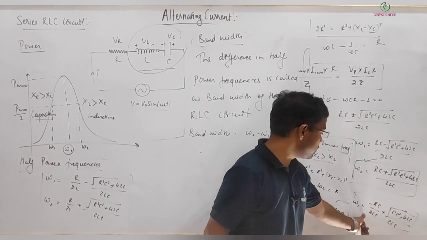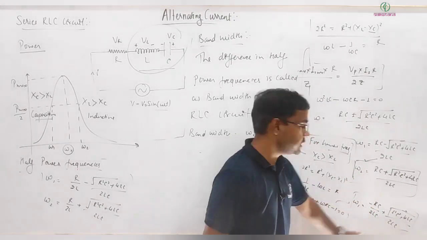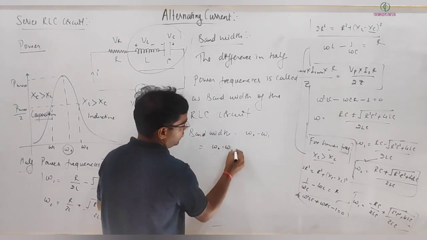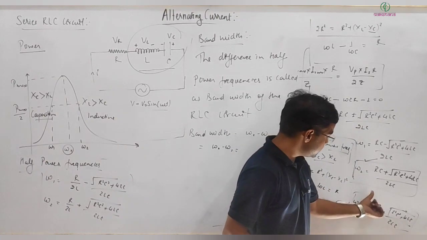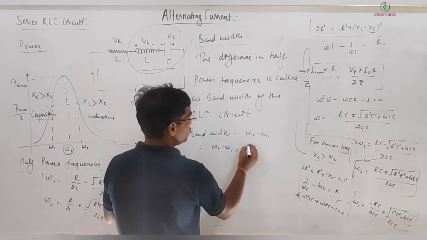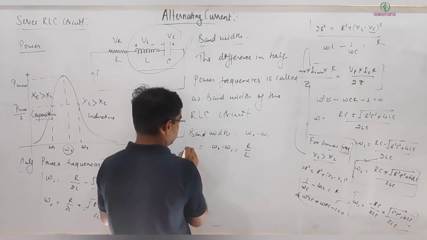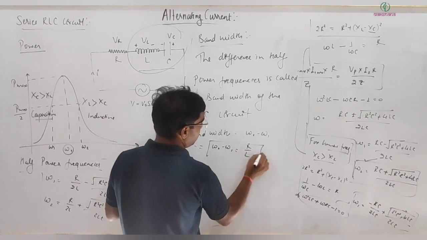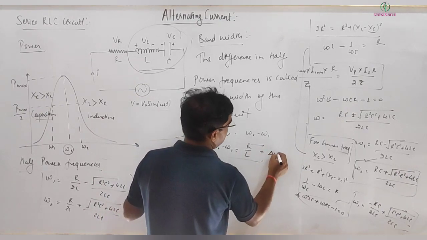Now omega 2 minus omega 1, after solving, is defined as the bandwidth. You can see minus minus will become plus, and this quantity will cancel, so it comes out to be R by L. This is called your bandwidth, and we write it as delta omega.